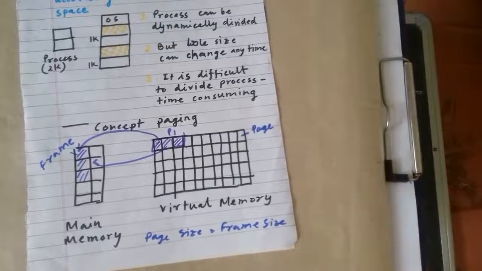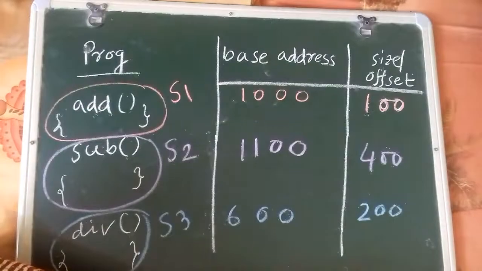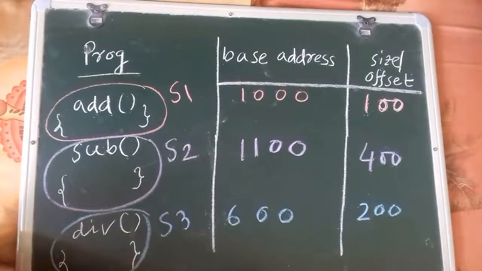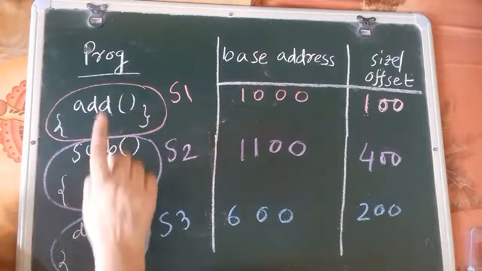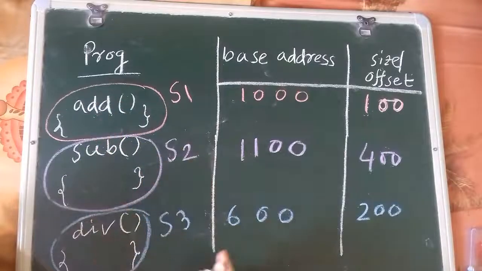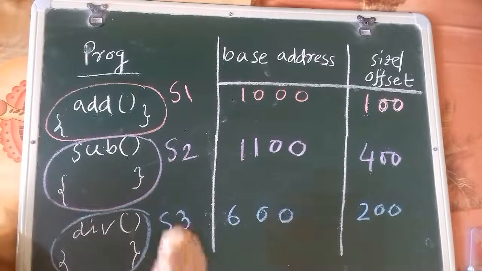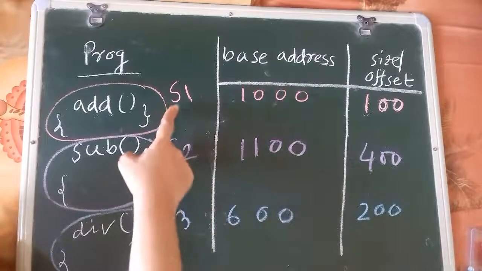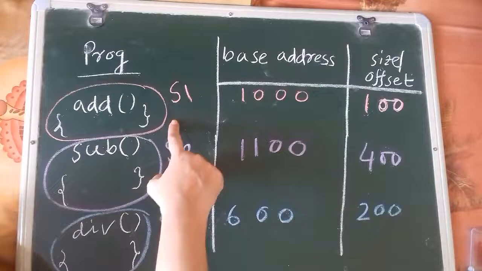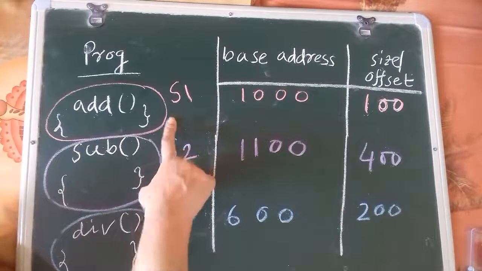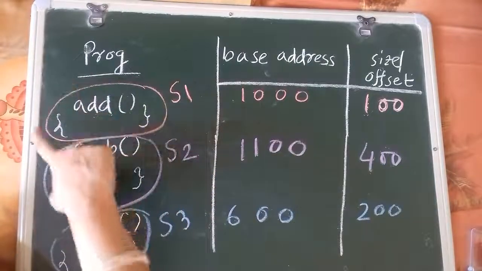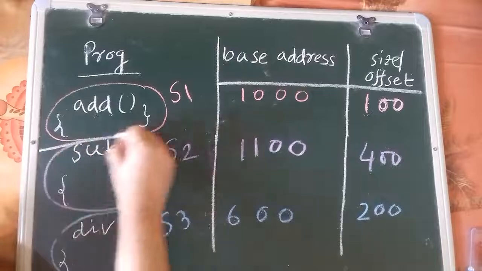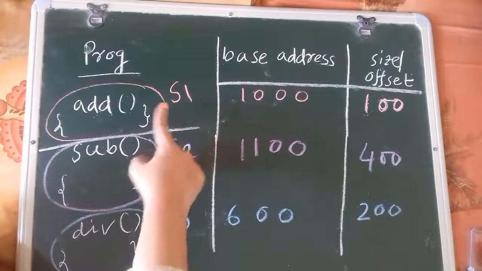Whereas in the case of segmentation, how it happens is, you can see here there is a program. In that program, we have one addition function, one subtraction function, and one division function. So according to segmentation, this addition program we will consider as one module and divide it as segment 1.